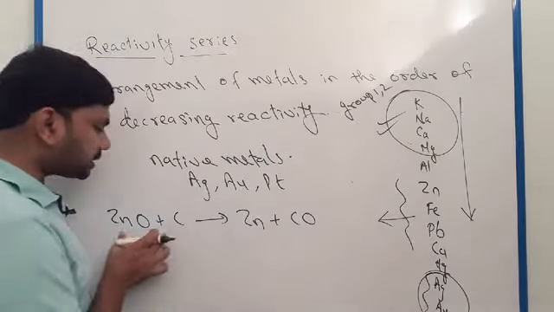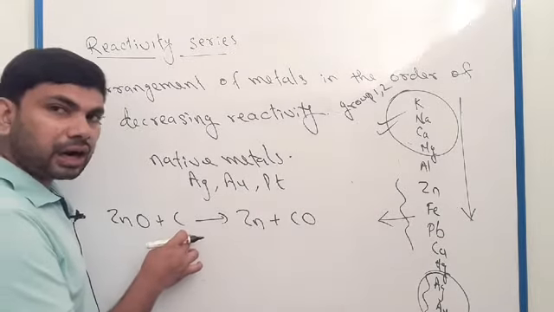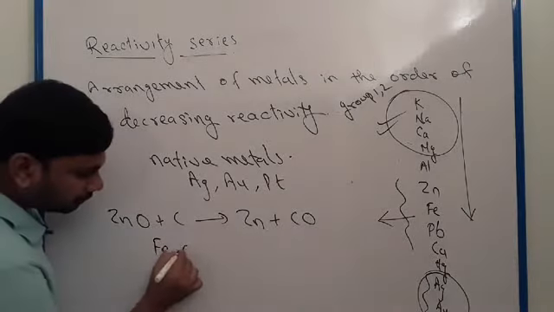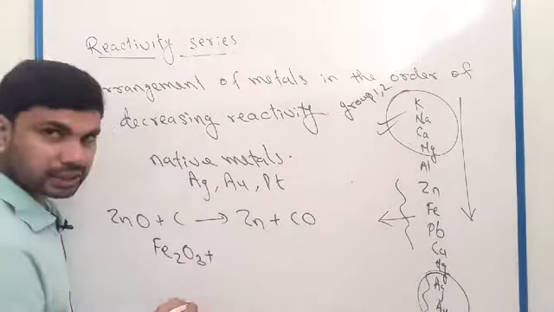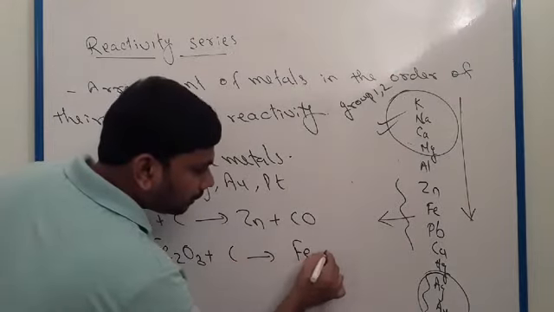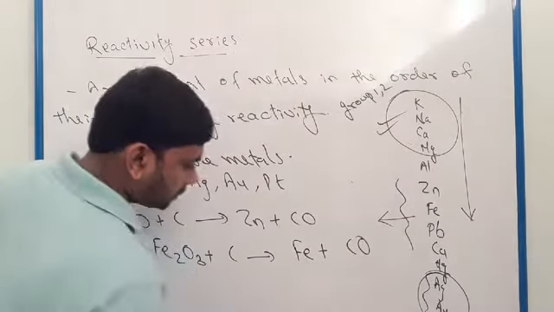For example, zinc oxide reacts with carbon to form zinc and carbon monoxide. Another example, Fe2O3, iron oxide, can be reduced with carbon to form Fe plus carbon monoxide.